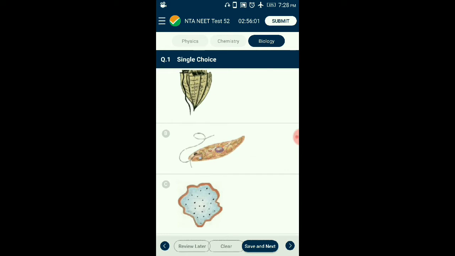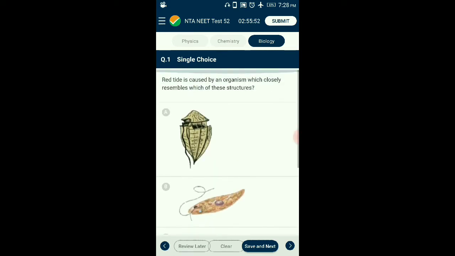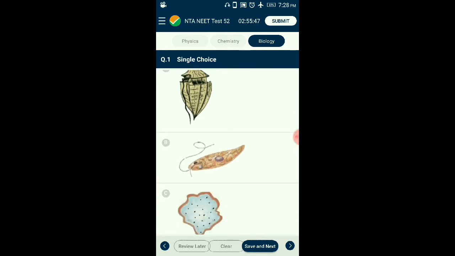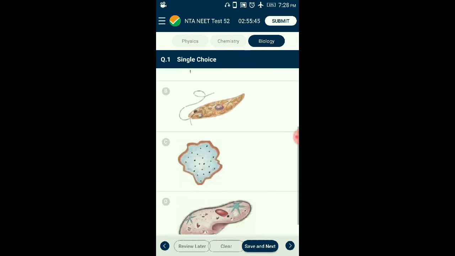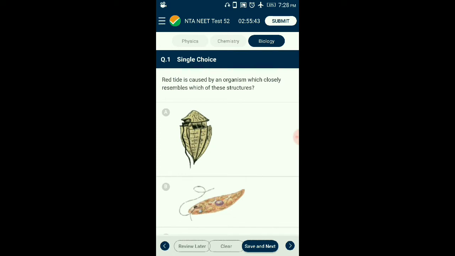These organisms also deplete the oxygen in waters and release toxins which may cause illness in other aquatic animals and humans. The first option is dinoflagellate, the second one is Euglena, the third one is Amoeba and the fourth one is Paramecium. So the correctly matching option is option A.